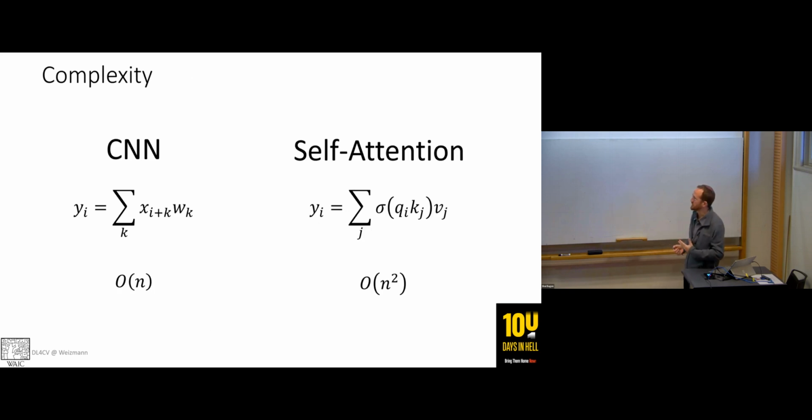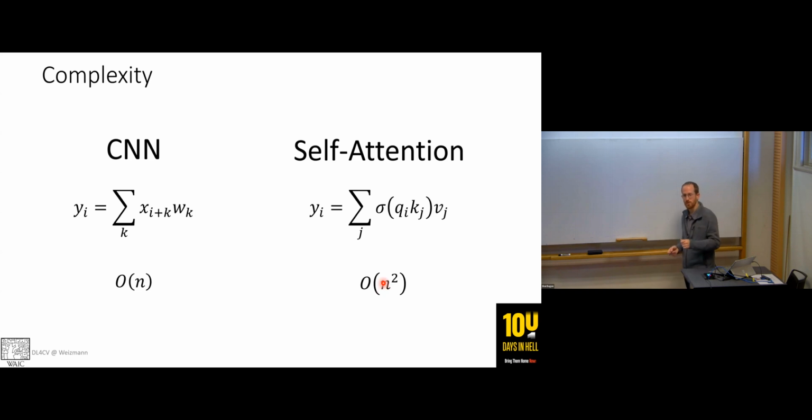What is the complexity? With a convolutional neural network, we have an input X and a kernel, and the number of operations we need in order to convolve an image is proportional to the size of the image. It's O of n. But for transformers, because we need to compute the attention between all patches and all patches, complexity grows quadratically with the image.